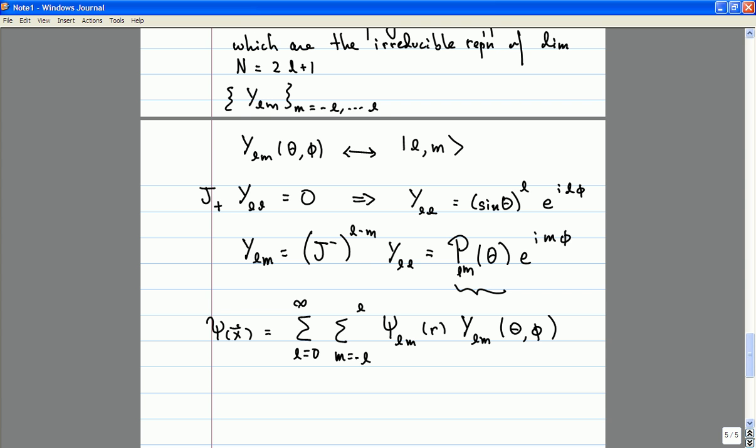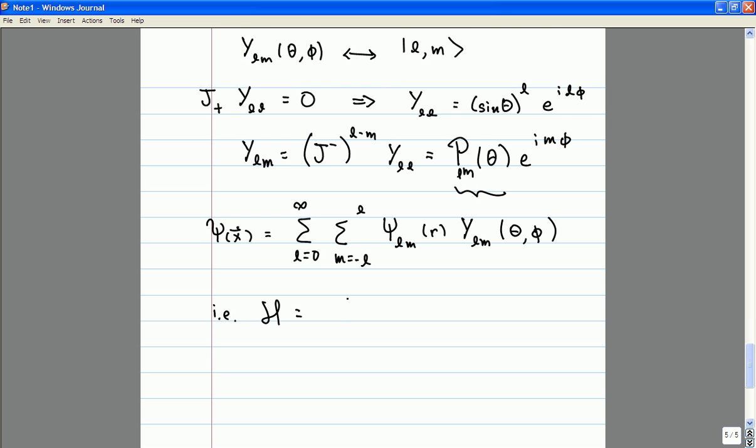There's another name for this formula. It is also the statement that the Hilbert space of our three-dimensional particle is the spin 0 Hilbert space plus the spin 1 Hilbert space plus the spin 2 Hilbert space, and so on and so forth.